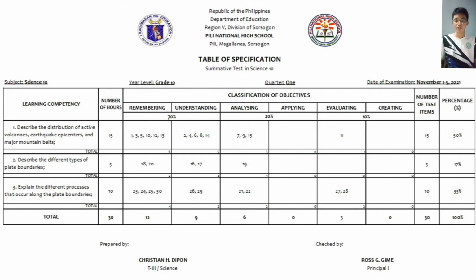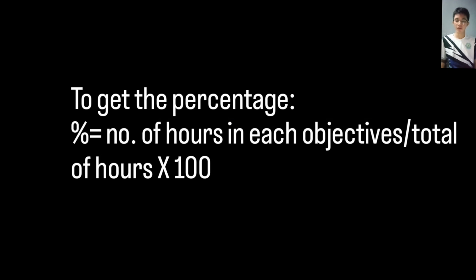The formula: the percent is equal to the number of hours in each objective, divided by the total hours, times 100. For example, the number of hours is 15. 15 divided by 30, since the total number of hours in our example is 30. After dividing, you multiply by 100, and the result is 50. That's why the percentage here is 50%.